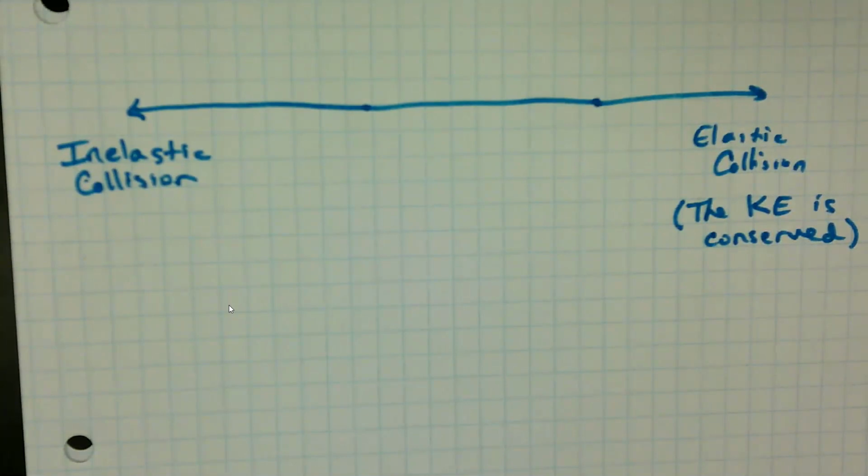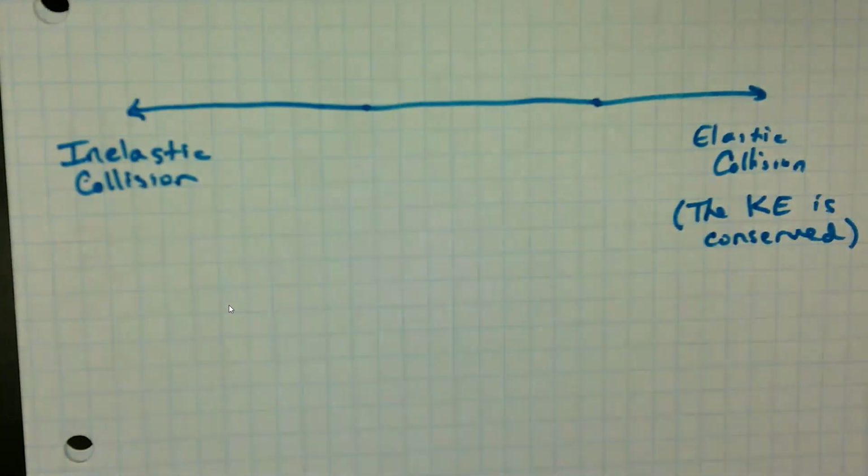Not only does the momentum transfer from the one car to the other, but the energy transfers from one car to the other, and there's no energy lost in the collision itself. All real collisions have a degree of inelasticity. Inelasticity is basically non-conservative work that is taking energy out of the system.